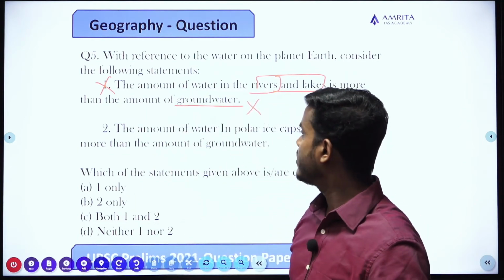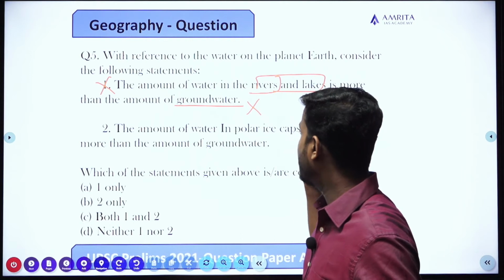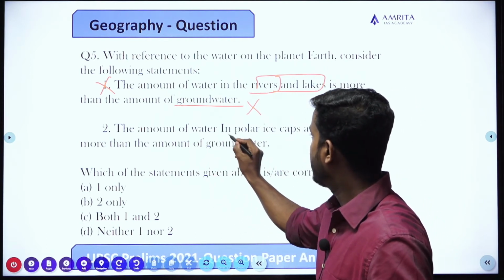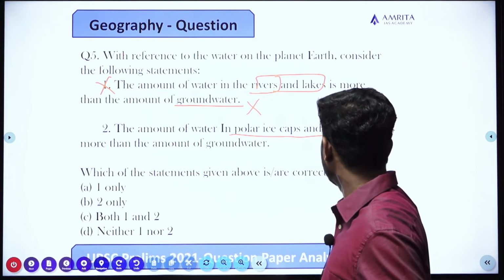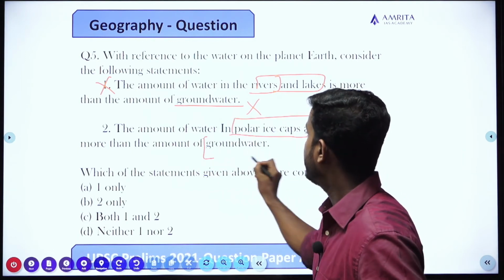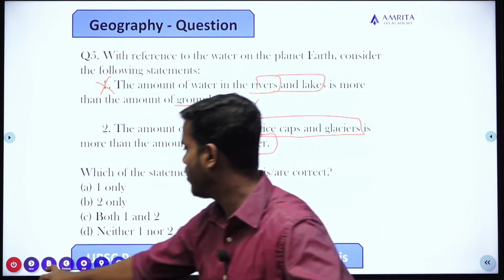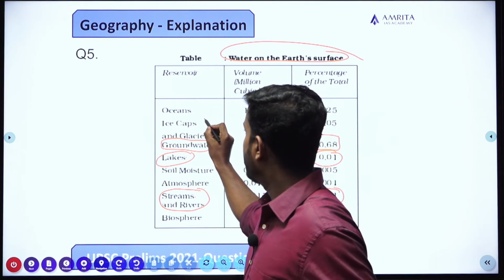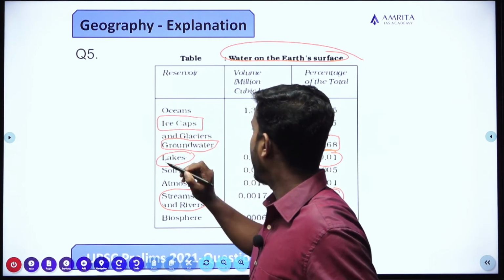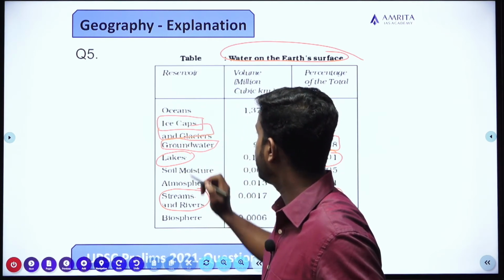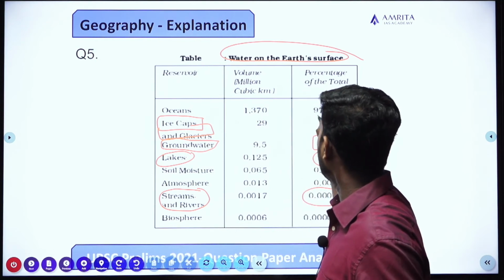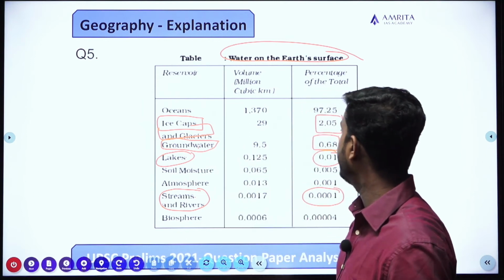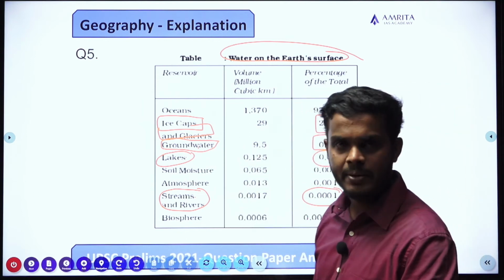Okay, now we will go to the second statement. The amount of water in polar ice caps and glaciers is more than the amount of groundwater. We will go back to the table again. We have polar ice caps and glaciers here, and it consists of 2.05%, and we have groundwater here, it is only 0.68%.